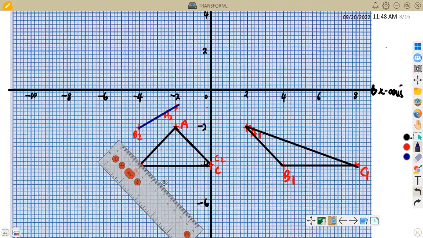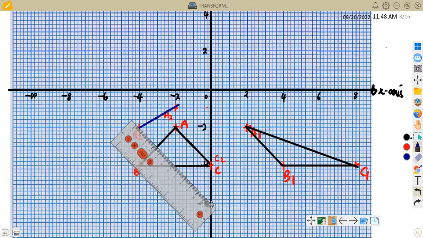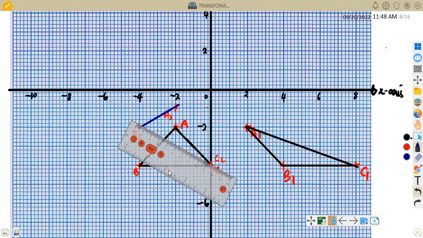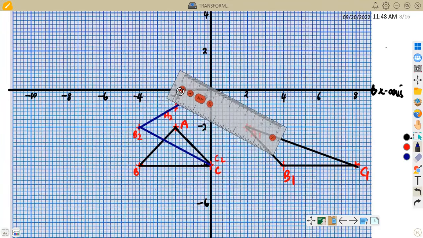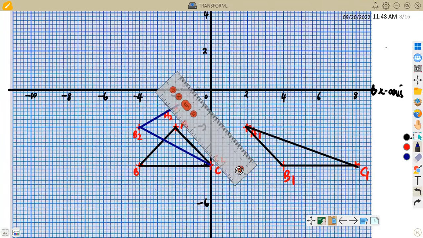As long as you've got these points, guys, it's just a matter of joining them now, which is the best part. We can join the last one from A2 to C2, like this. Let's just adjust this side a little bit. So that's what you're going to have at the end. Okay, so that's our triangle.